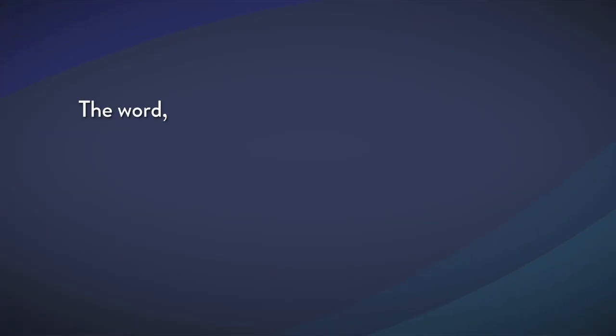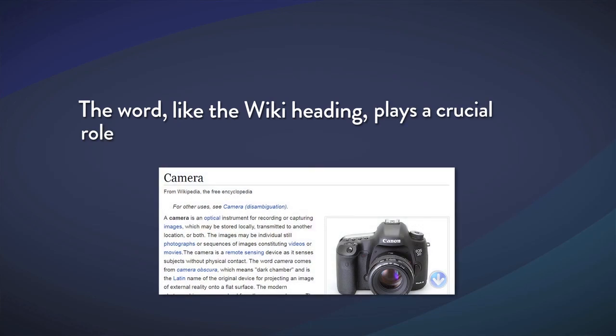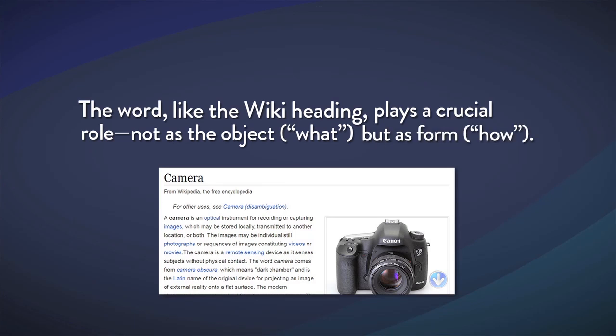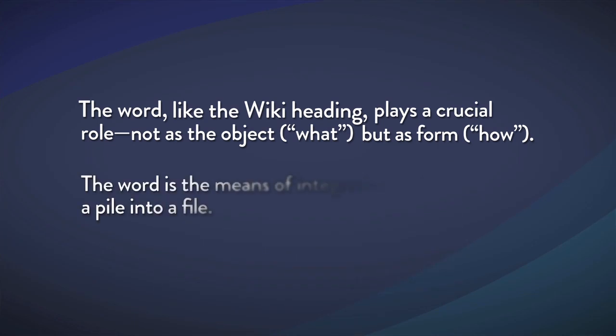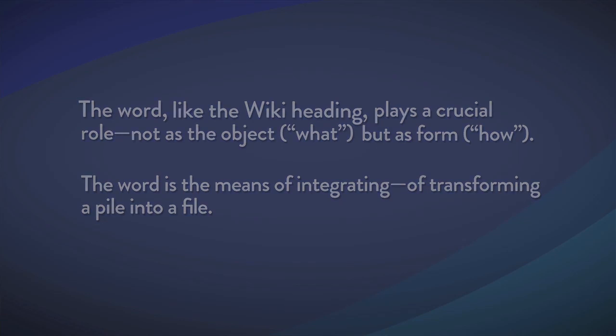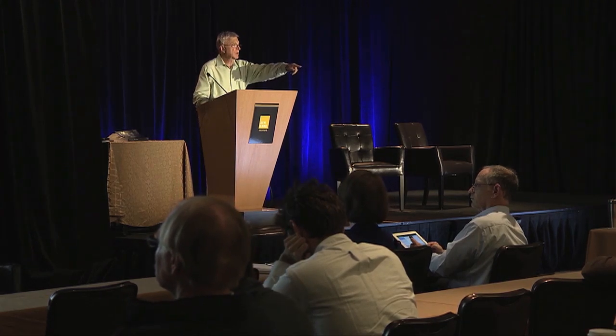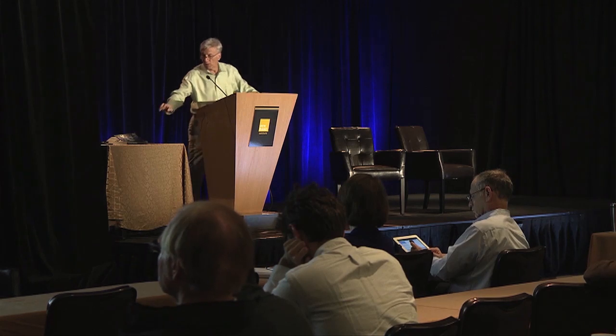Now, just taking another step further, the word is like the Wikipedia heading, and it plays a crucial role, but not as the object, not what we are thinking about, but as form, as how. The word is an information handling device. The word, Ayn Rand says, is what you use to complete the integration. Before you have the word, you may see that these tables are similar to this podium, this table.